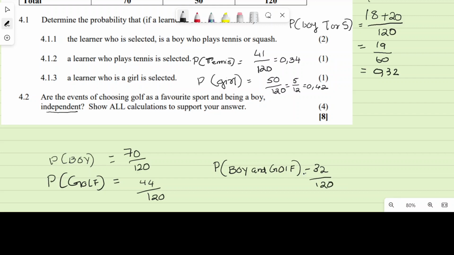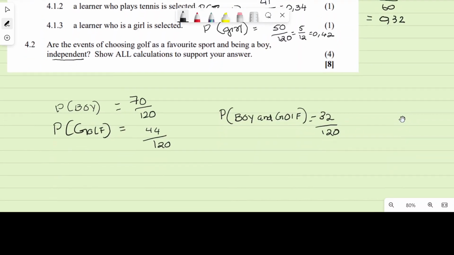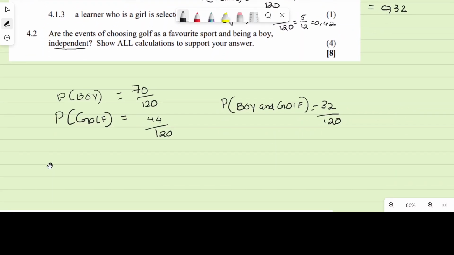Now we are going to check if the equation is satisfied here. The equation says the probability of a boy multiplied by the probability of playing golf should be equal to the probability of a boy and golf. So let's find it to see if it's equal. 70 over 120 times 44 over 120.